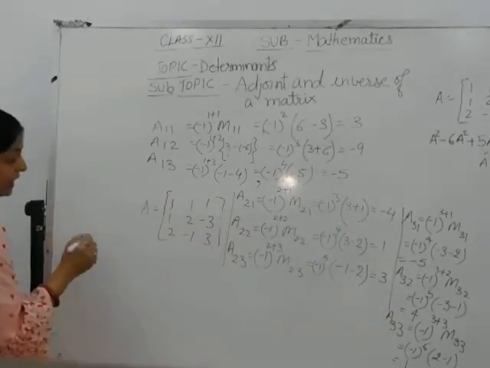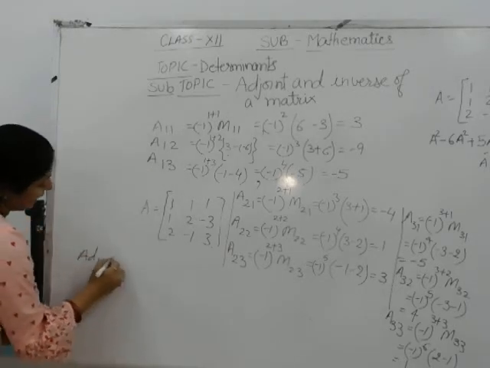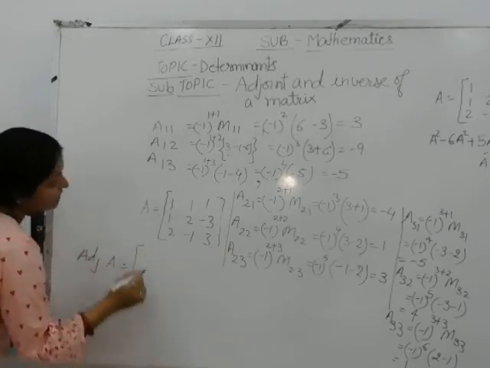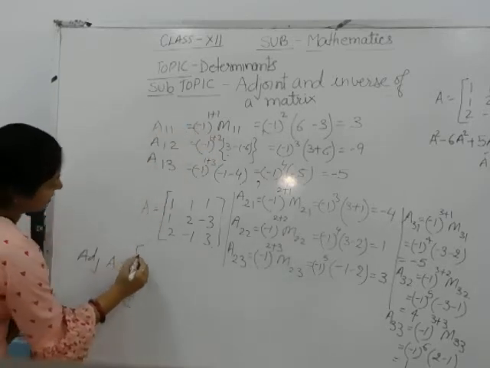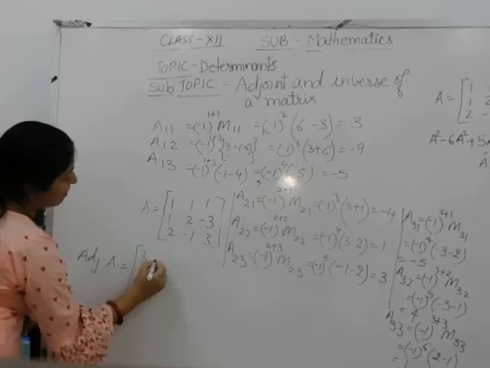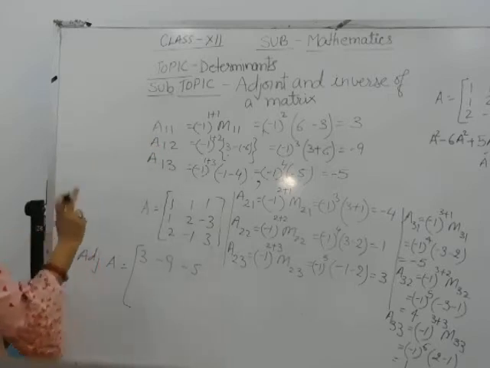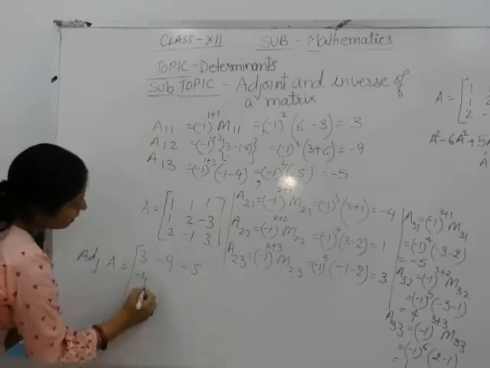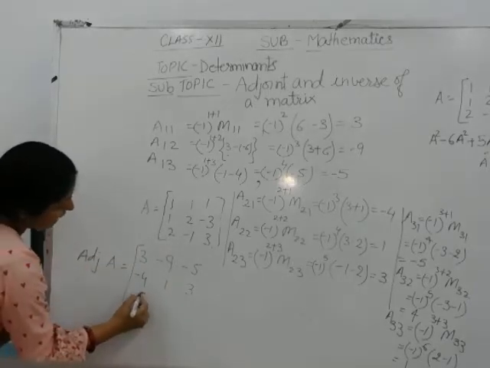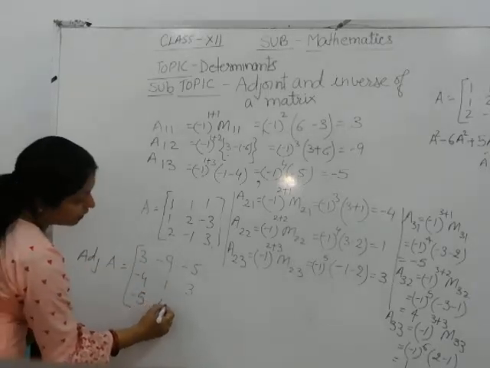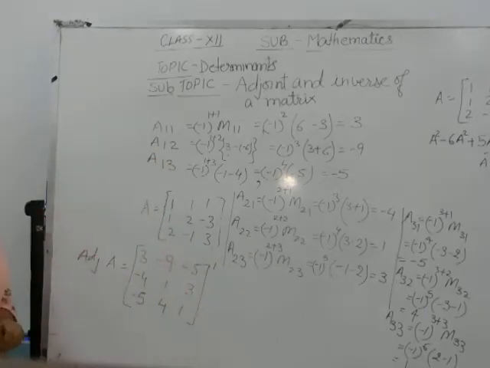Now, the adjoint of A. Adjoint A means we are getting a matrix by using cofactors: 3, minus 9, minus 5; 2, 1, minus 4; 1, 3 and minus 5, 4 and 1, and then the transpose.